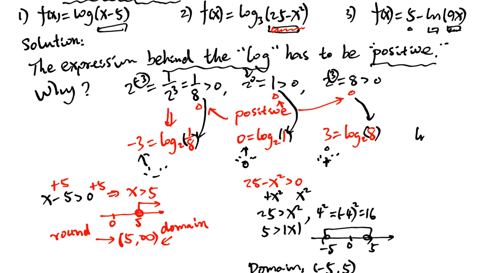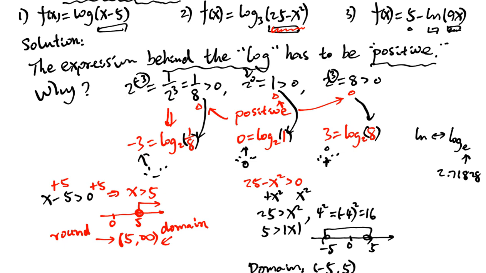What's the meaning of natural log? This means log base is the Euler constant. On every calculator, it's 2.71828 something.